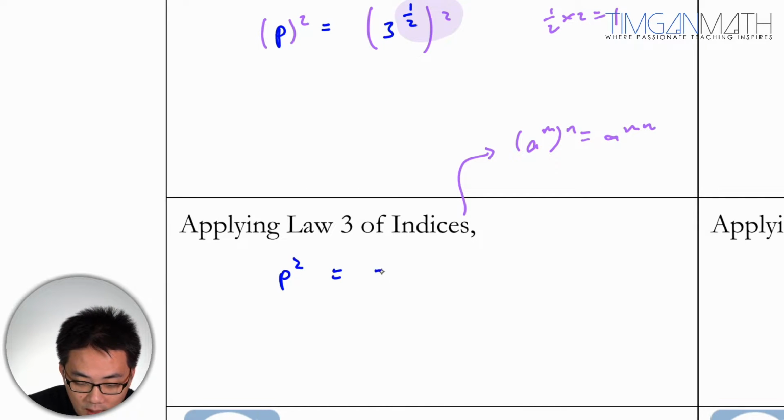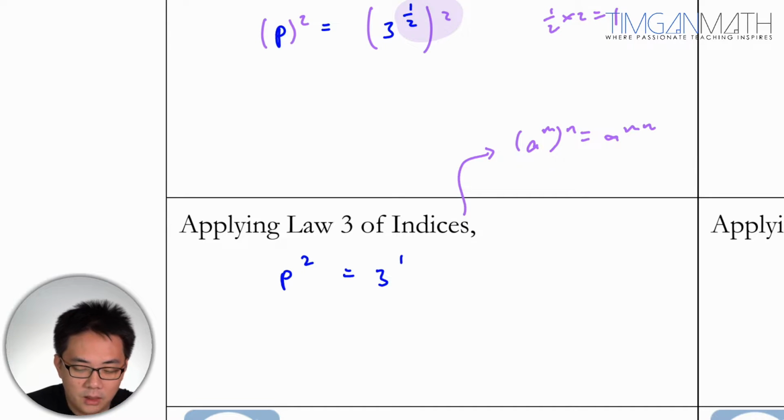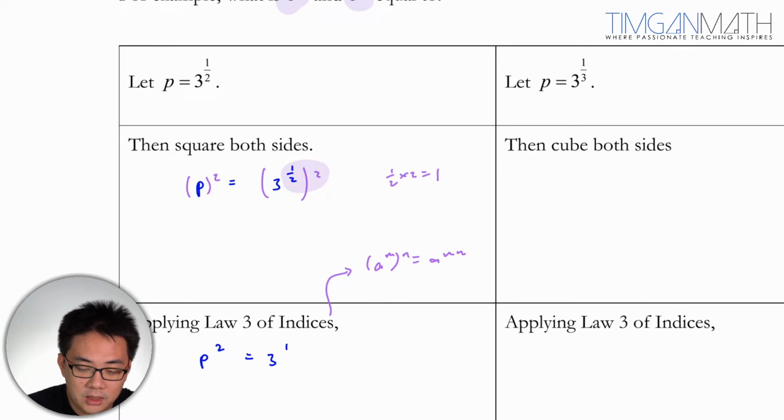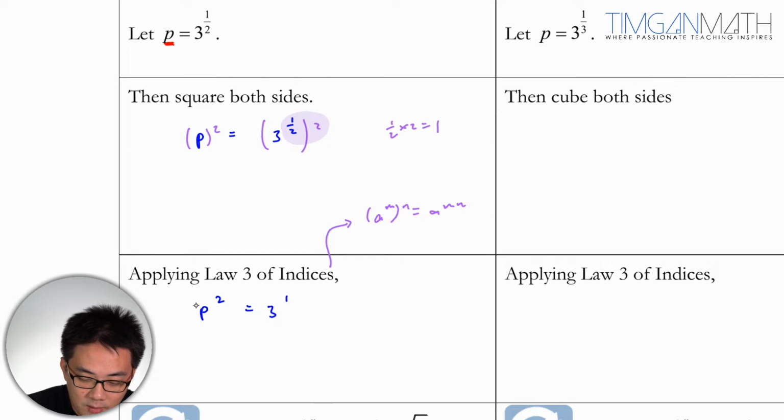When it becomes 1, we can tell what is our P. P is actually 3 to the power of half. Just remember, P is what we need to find.